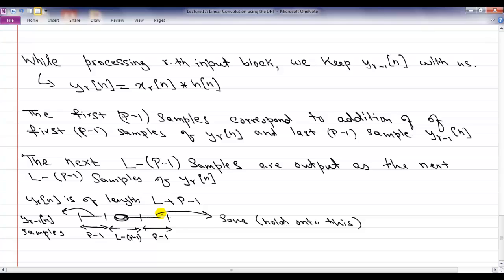By there, I mean you don't have to worry about overlap there. But in general, in steady state, you have these three pieces of your output. The first piece gets added to the last P minus 1 samples of the previous block, the middle piece gets output as it is, and then you hold on to the last piece, which is of length P minus 1 too.